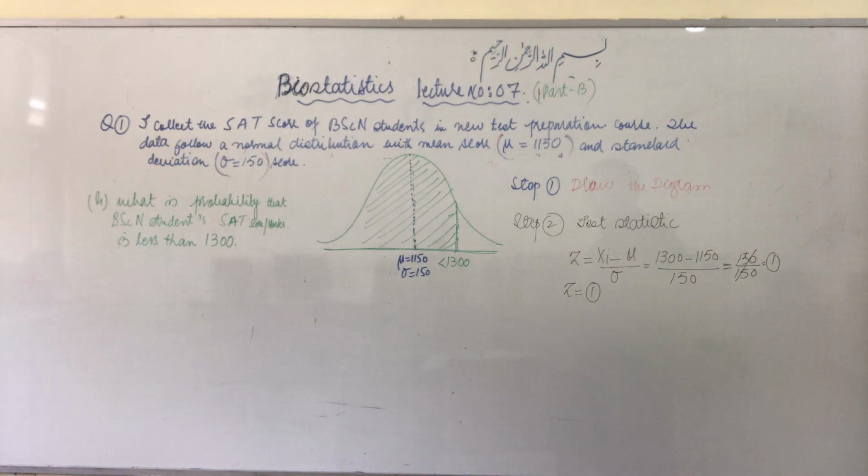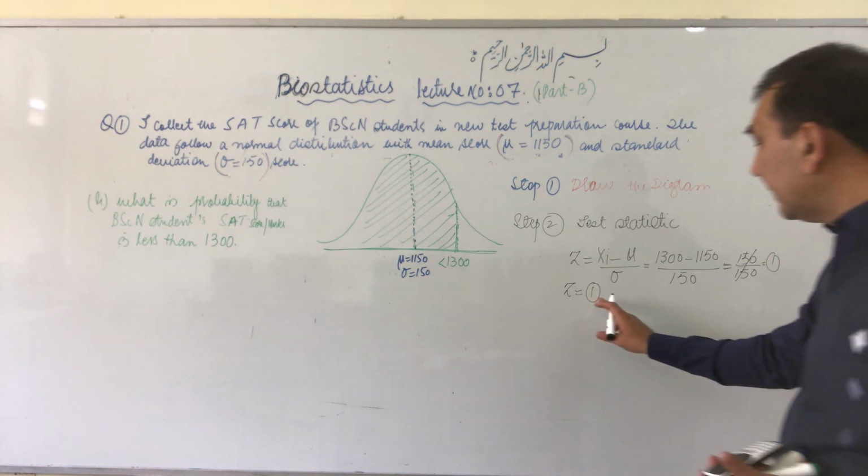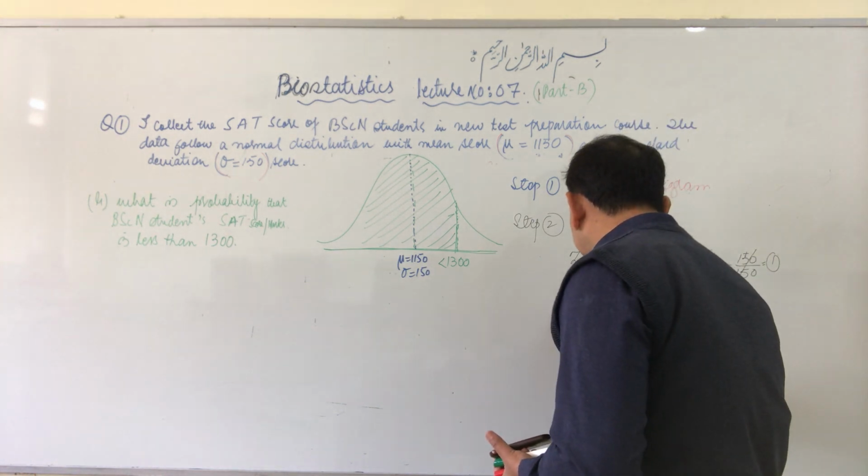Now we find the area for the z-score of 1.